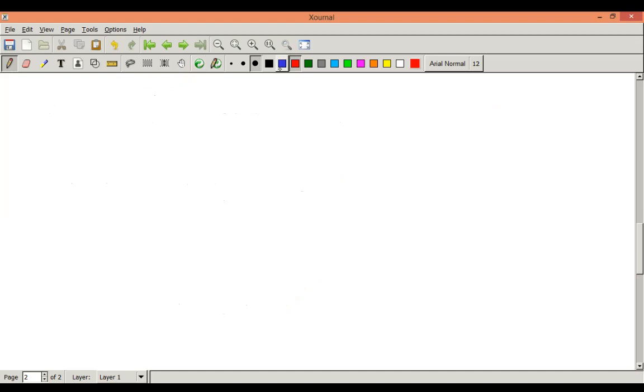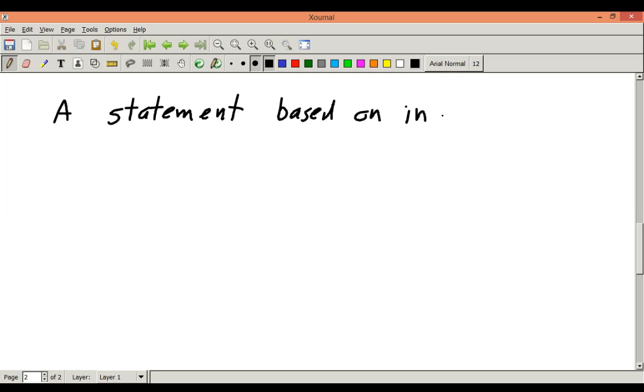So a statement that you make based on inductive reasoning is called a conjecture.